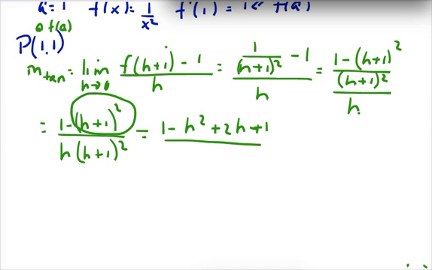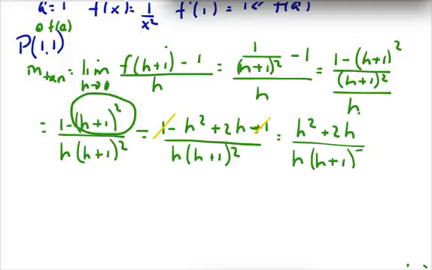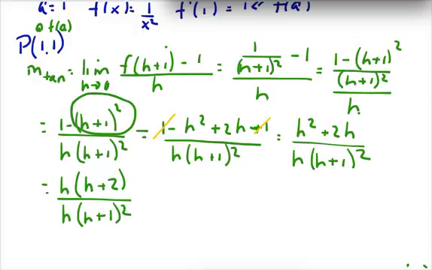So these two terms cancel out, and I'm left with h squared plus 2h over h times h plus 1 squared. Factor out an h upstairs, and you've got h plus 2 divided by h plus 1 squared. The h's cancel out.